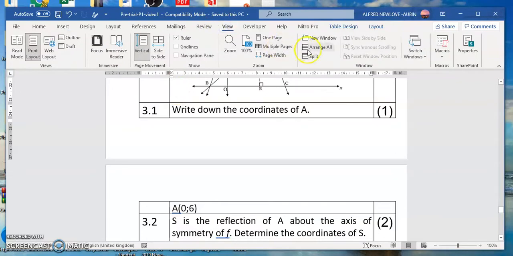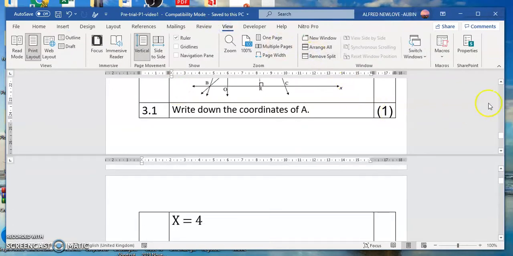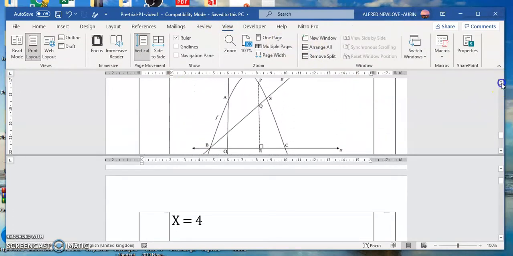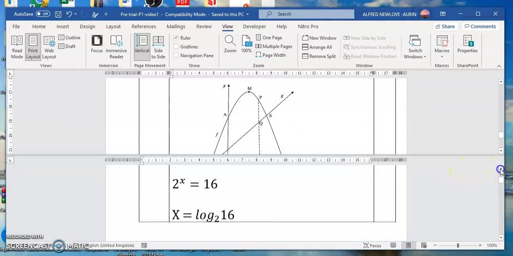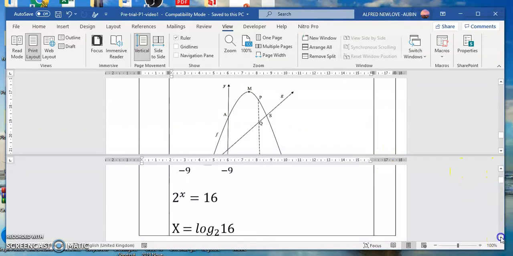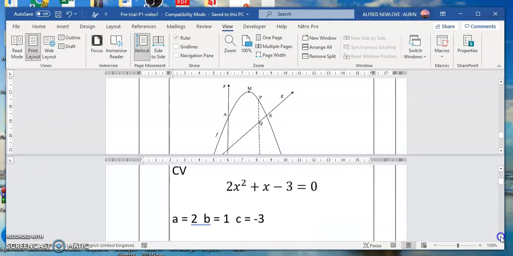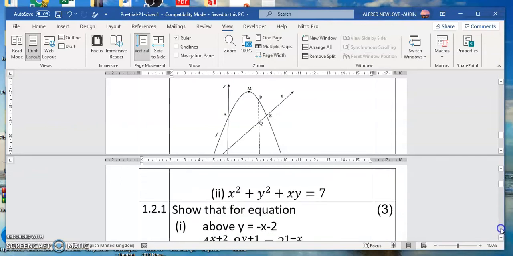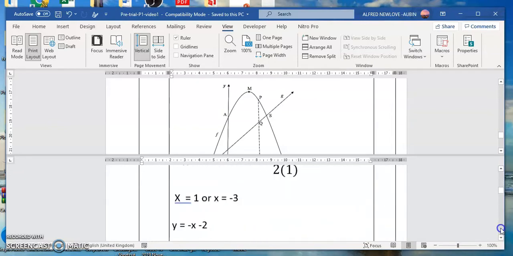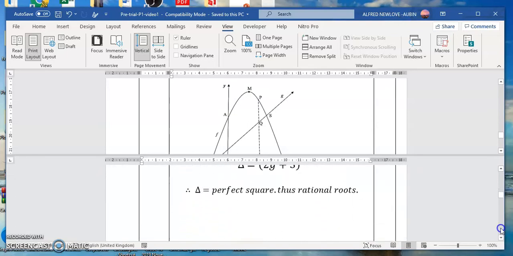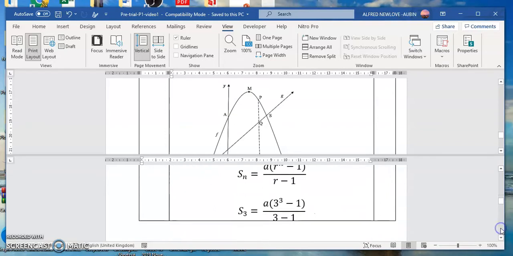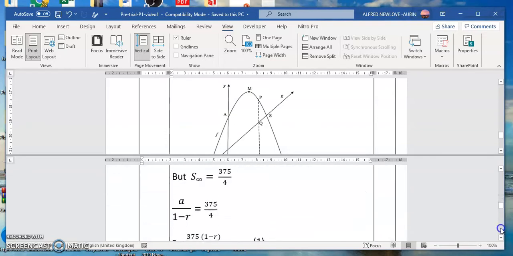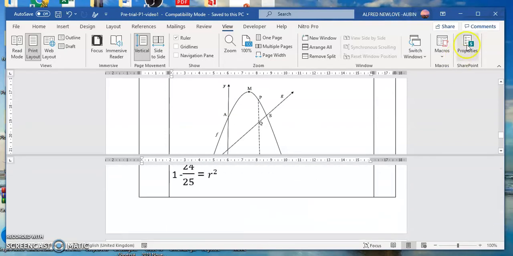There's the y-intercept. Our y-intercept is what? (0, 6).